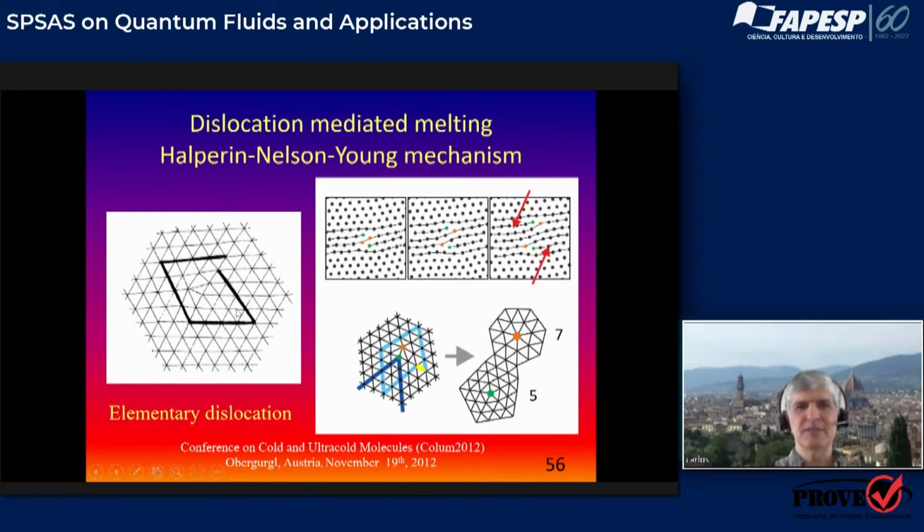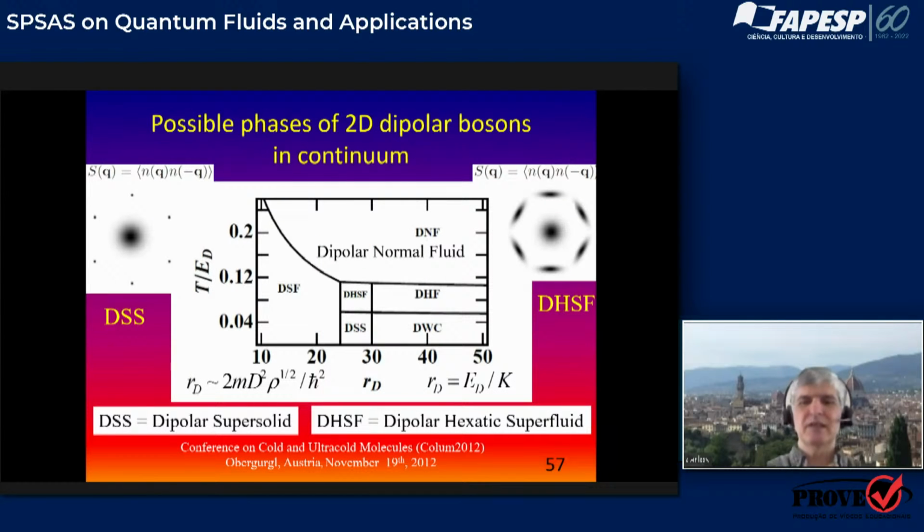And again, the mechanism is similar. It's the Halperin-Nelson-Young mechanism, in which you create this melting, and you create this kind of defects. But now those defects are defects of the domains of the superfluid droplets, not of individual atoms. And so this means that if you analyze the full phase diagram of the system, instead of having just a dipolar superfluid and a dipolar Wigner crystal at very low temperatures, you also have a dipolar supersolid as a way of compromising between the kinetic energy and the dipolar energy.